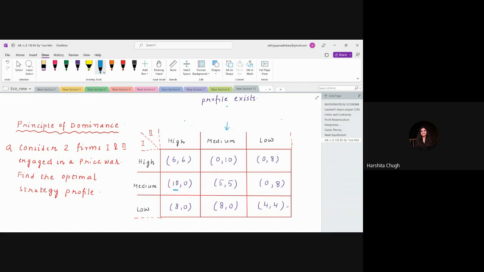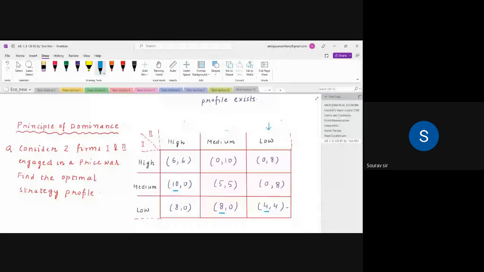Low. And if player two chooses to play low, then what are we expecting? Low. Okay. So basically, depending upon what player two will do, he will either go for medium or low, right? That is the combination that we are getting.